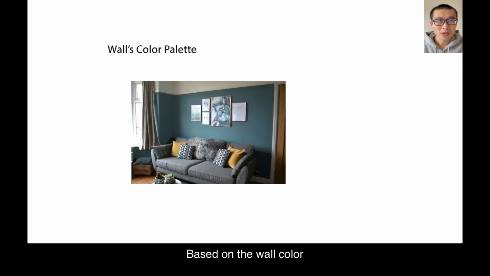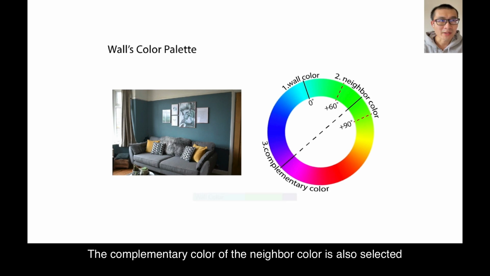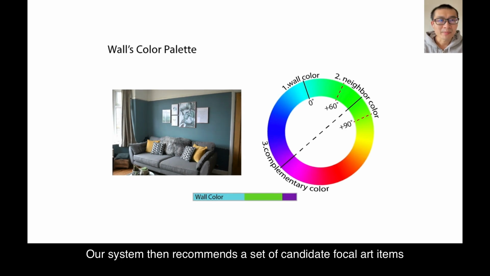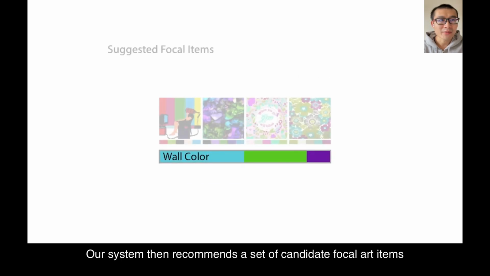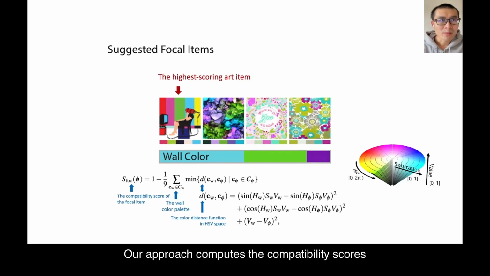Based on the wall color, a neighbor color is selected from the HSV circular color space. The complementary color of the neighbor color is also selected. Our system then recommends a set of candidate focal art items whose colors are compatible with the resulting color palette of the wall. Our approach computes the compatibility scores for all art items in the database.